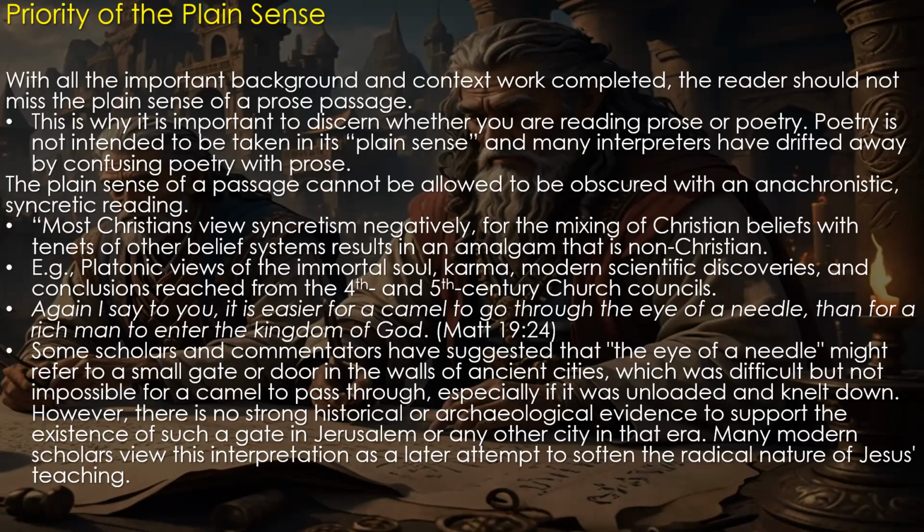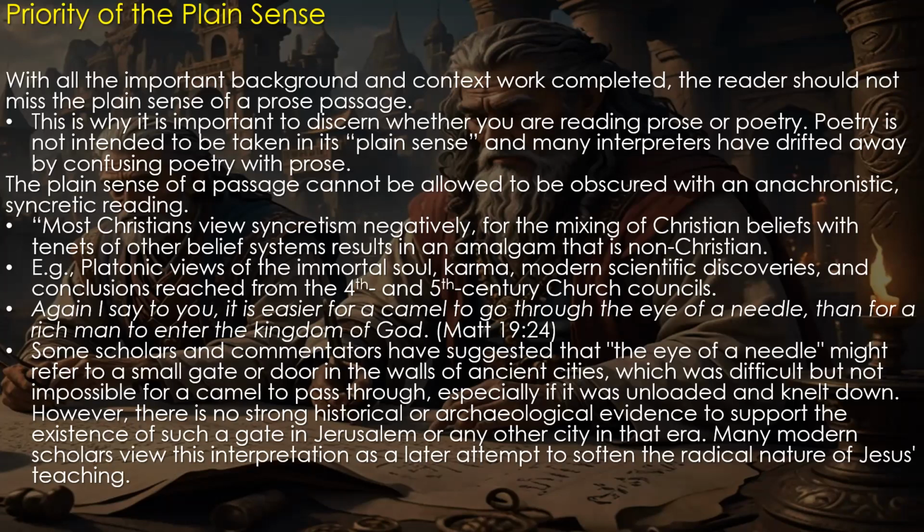So many modern scholars view this interpretation as a later attempt to soften the radical nature of Jesus' teaching. People have said, well, Jesus couldn't be saying that it's practically impossible for a rich man to enter into the kingdom of God, like a big camel going through the eye of a little needle.